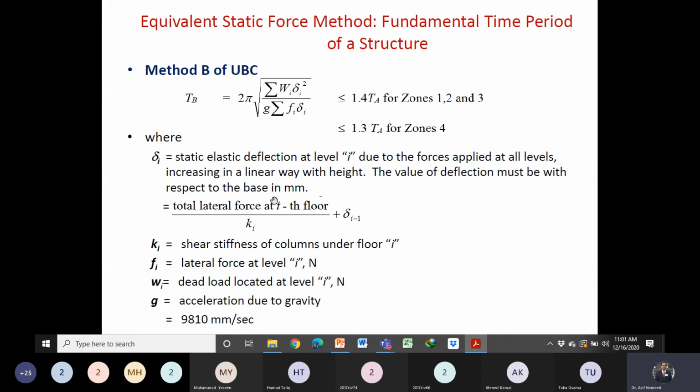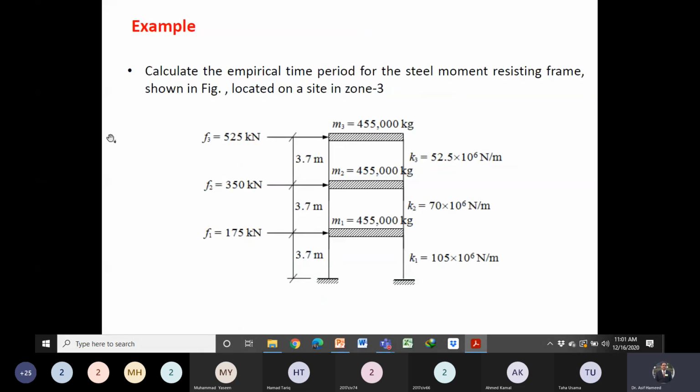Okay, we will solve one example. It will be more clear to you from that example. So Ki is the shear stiffness of the different floors, Fi is the lateral forces at the different levels, W is the dead load at the different levels, and g is the acceleration due to gravity. And then we will solve one example.